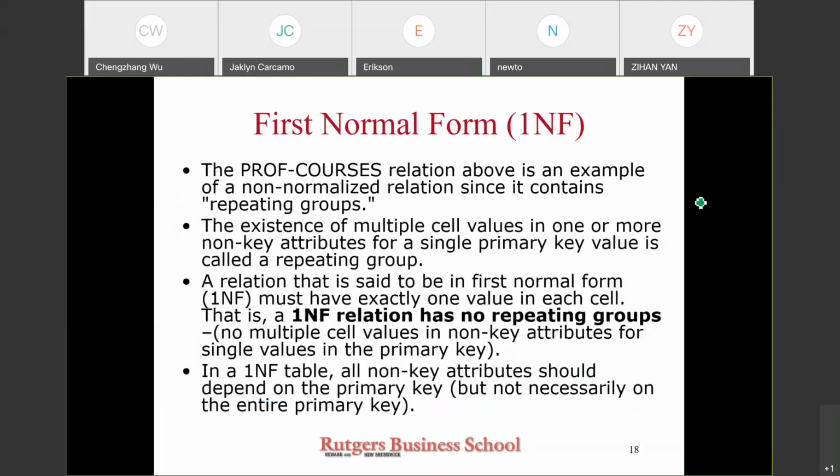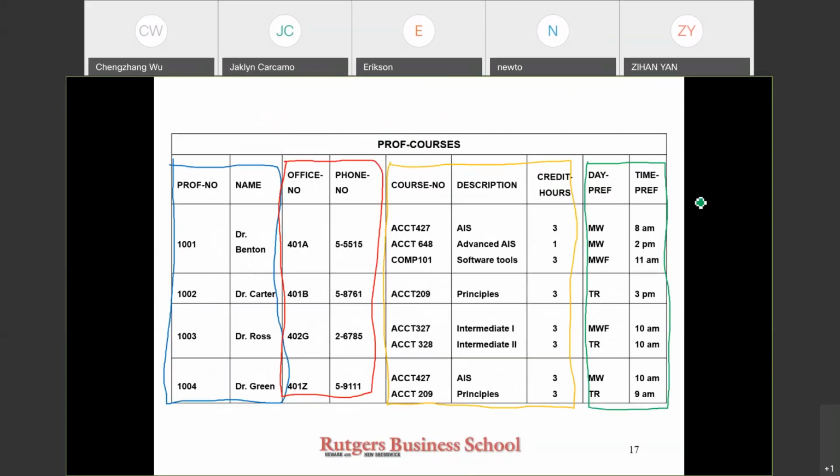Well, first of all, let's talk about first normal form. Okay, this is an example of non-normalized relation because it contains a repeating group. Simply stated, a repeating group results when there are multiple values at the intersection of certain rows and certain columns.